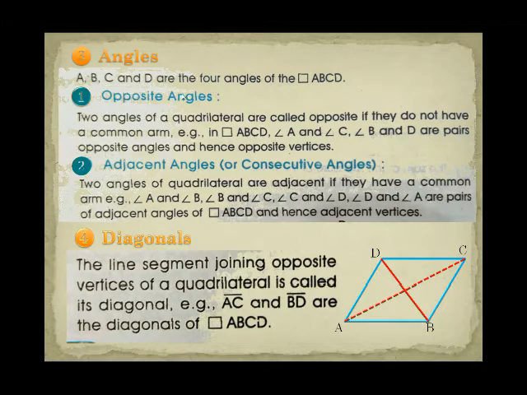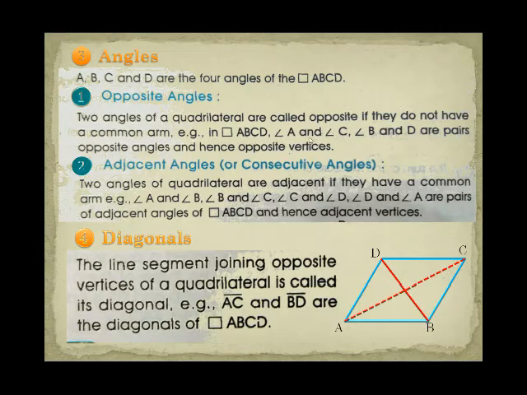First one is the opposite angles. Two angles of a quadrilateral are called opposite if they do not have a common arm. For example, in a quadrilateral ABCD, angle A and angle C, and angle B and angle D are the pairs of opposite angles, and hence the opposite vertices.